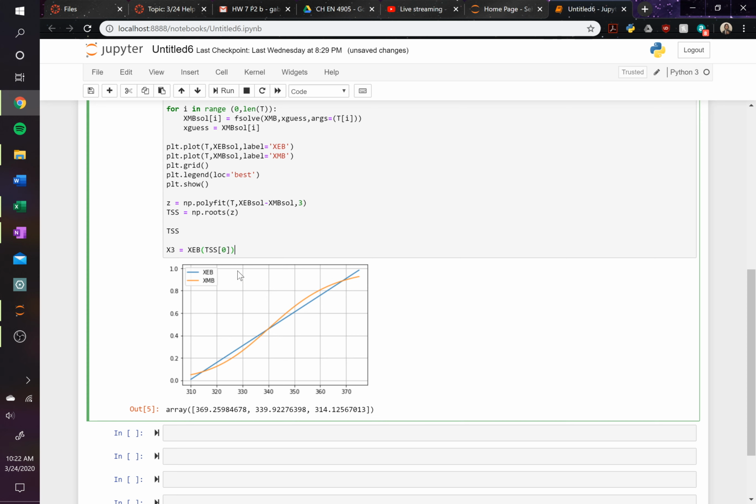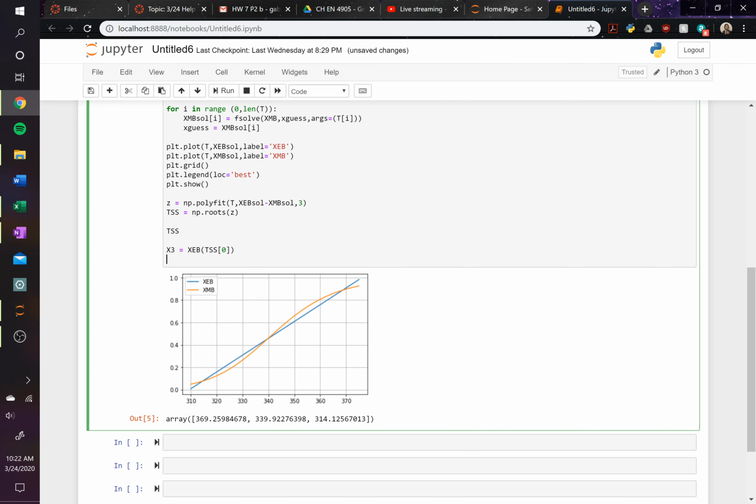Basically I'm plugging in the first temperature of my steady state temperatures. So when I plug in that first value into the energy balance, I'll get a conversion, and that conversion should be the same as the one at the mass balance. So if we print x3, there we go. That is the conversion at that location. And that is an easy way of finding the temperatures and conversions at the points on the graph.